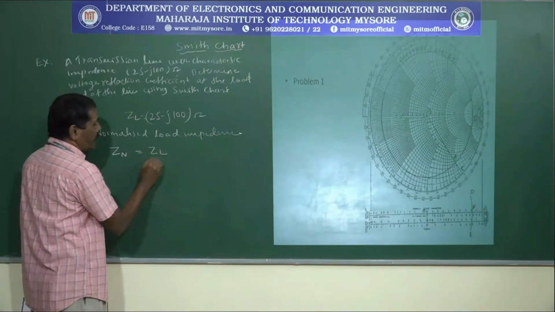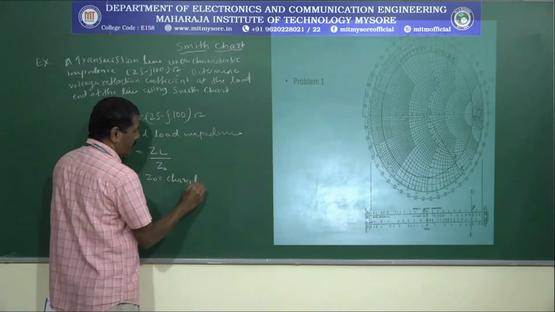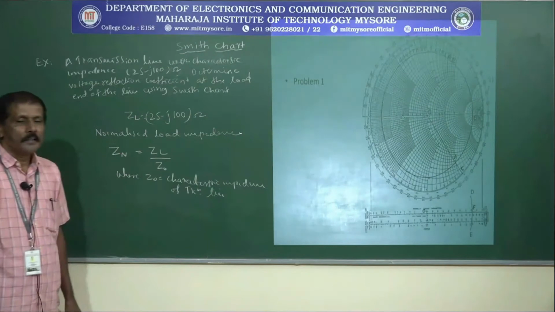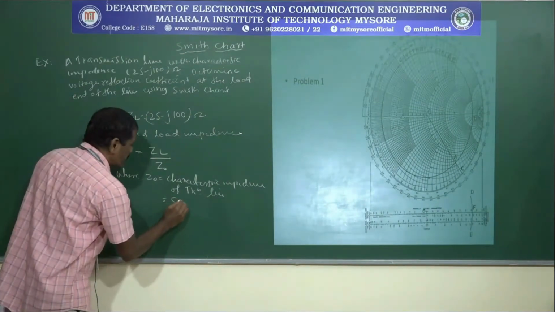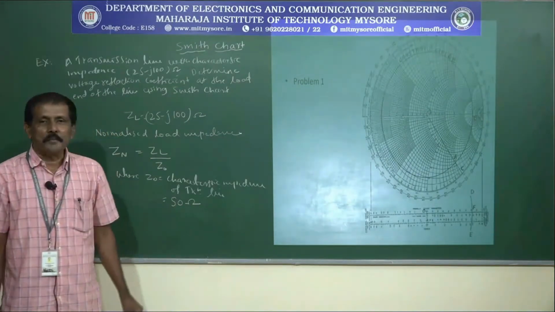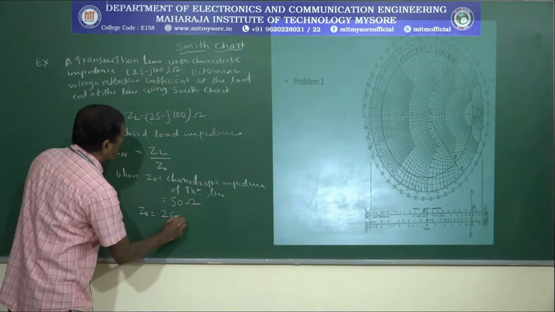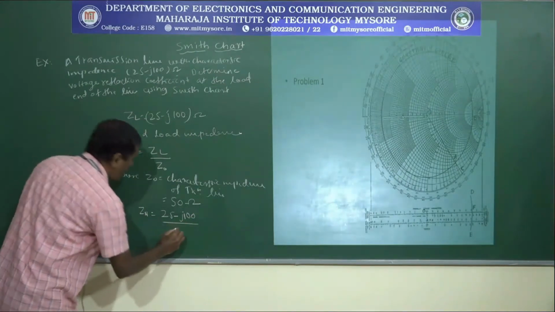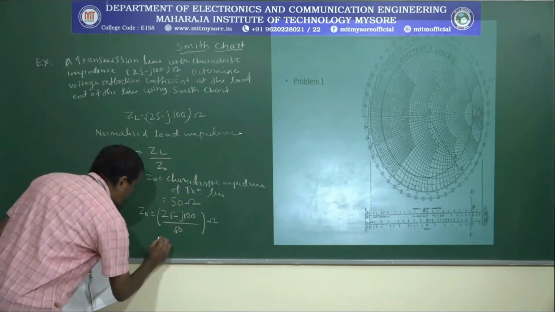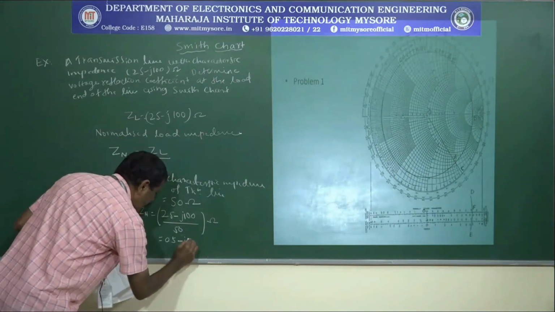This is equal to ZL divided by Z0, where Z0 is the characteristic impedance of the transmission line. The most commonly used standard value is 50 ohms, the most general characteristic impedance of transmission lines. So the normalized impedance is 25 minus j100 divided by 50, which comes to around 0.5 minus j2.